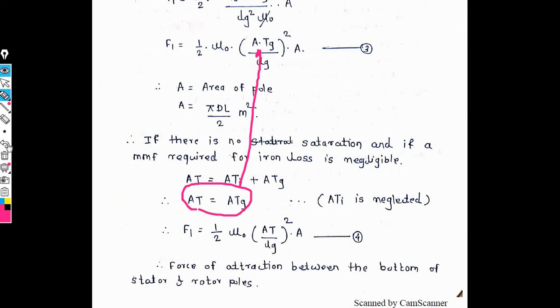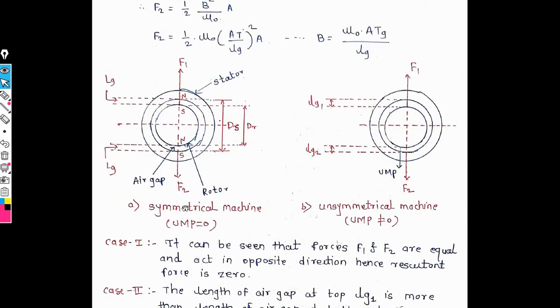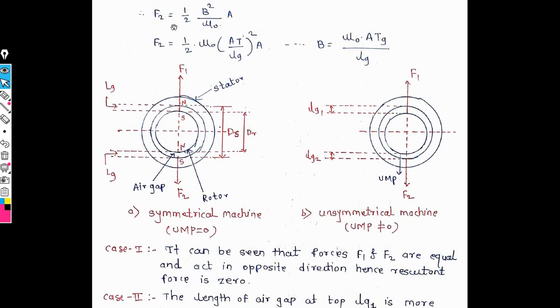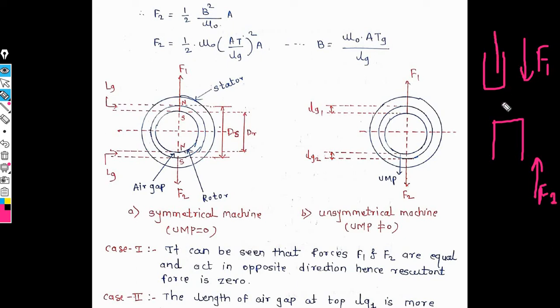Then the next expression. This is the calculation formula, and it is also the same for the other force. Now this is the stator and rotor. We have considered one force as F1 and the other force as F. Here we have considered only two poles and two forces.